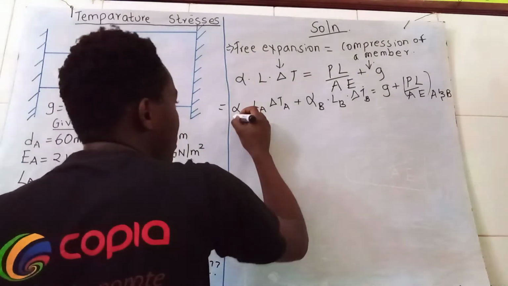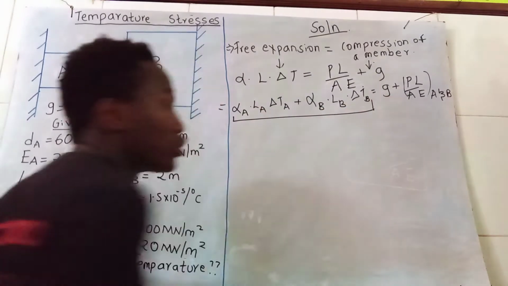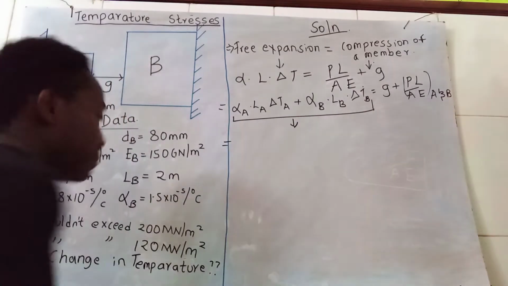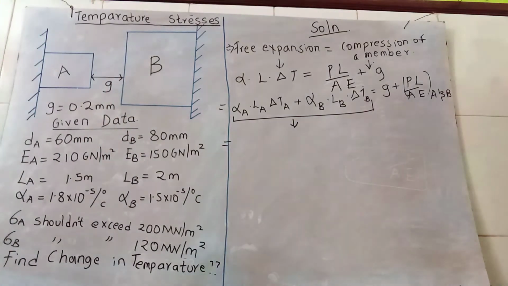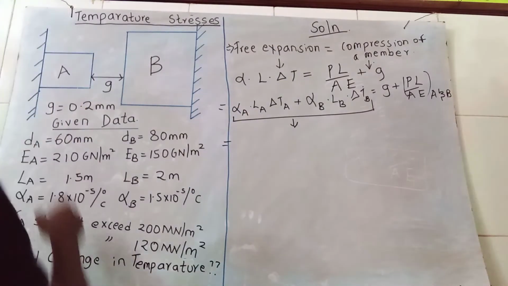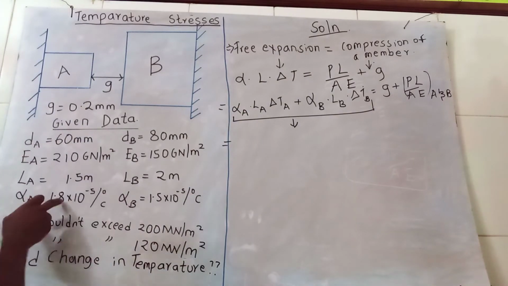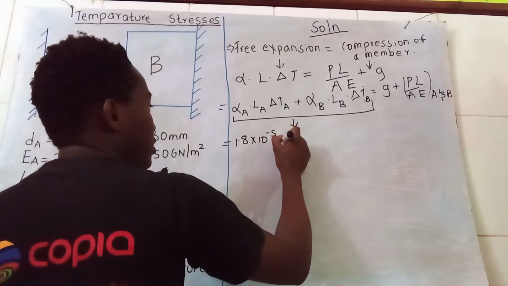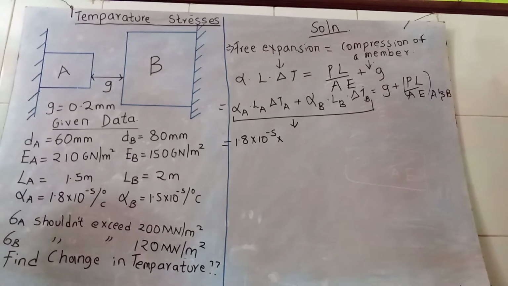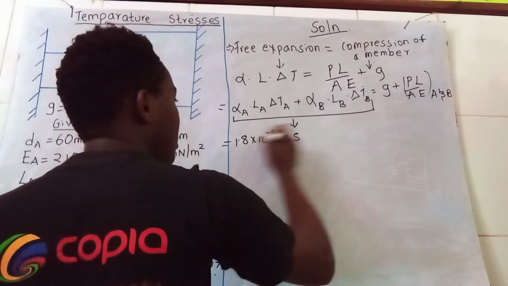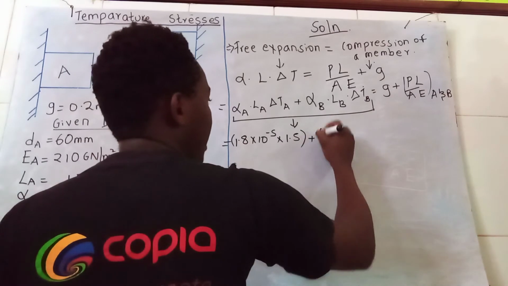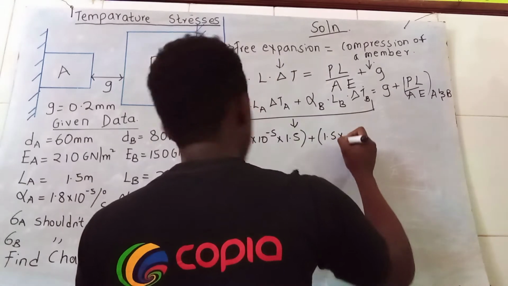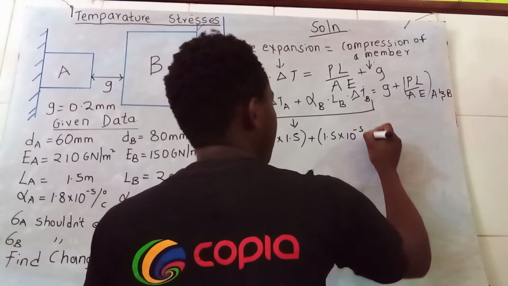So let us solve this first part of our equation. This is going to be given by the coefficient in A, 1.8 times 10 to the power negative 5, multiplied by the length of A, which is 1.5 meters, plus the coefficient in B, 1.5 times 10 to the power of negative 5.